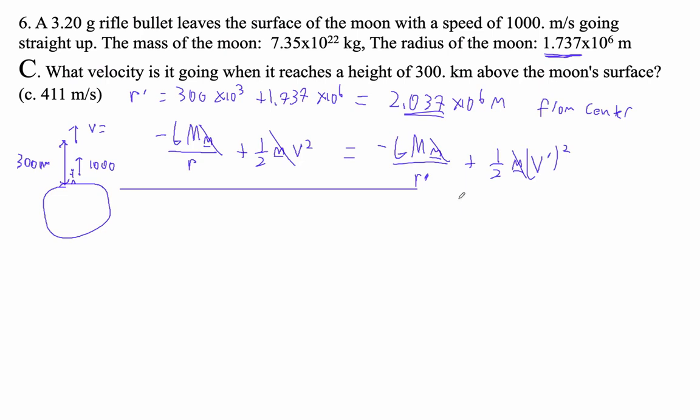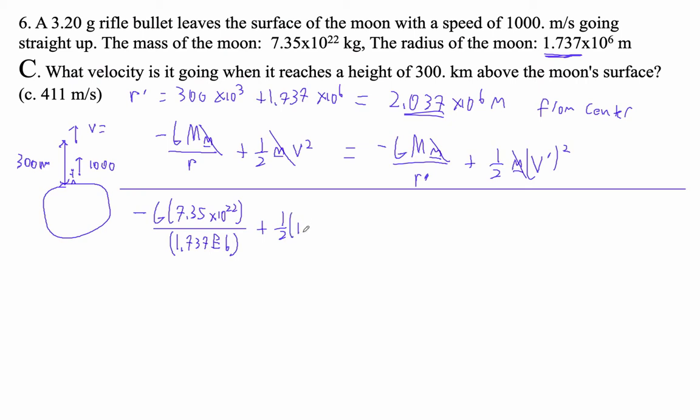All right, and let's just plug our numbers in here. Minus G times 7.35 times 10 to the 22nd, divided by, and it starts on the surface, so it's 1.737 times 10 to the sixth from the center. And it's moving 1/2, and then we've already crossed off the m, so it's 1/2 times 1,000 squared.